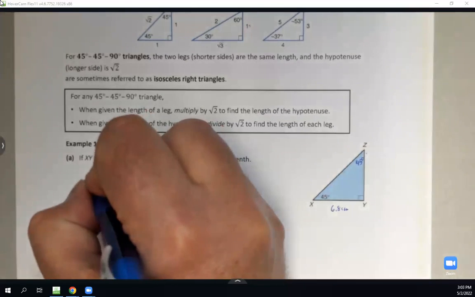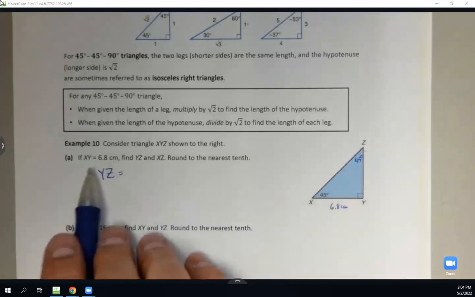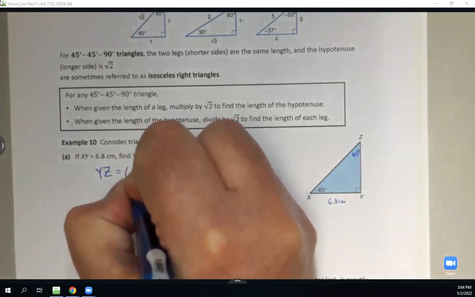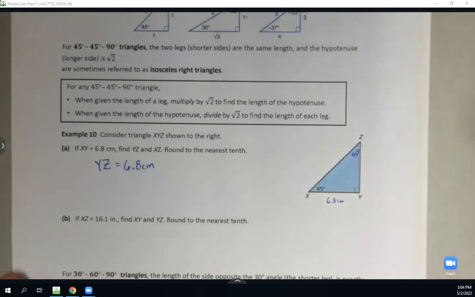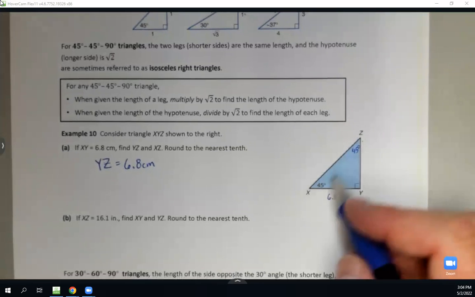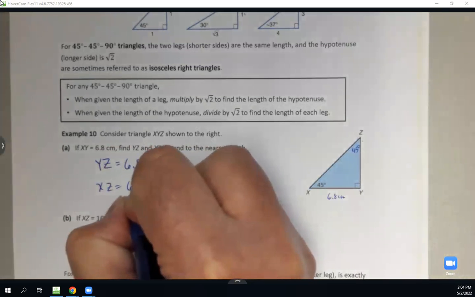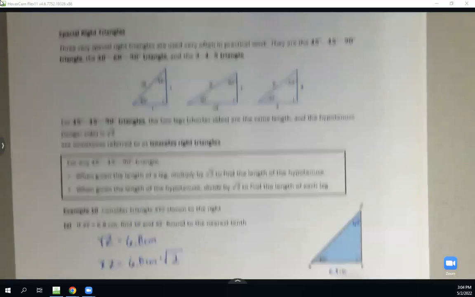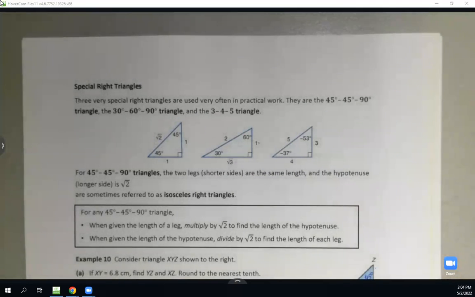YZ is a leg just like XZ is, so YZ is going to be the same length as XZ, because this has to be an isosceles right triangle. Does that make sense? XZ is going to equal 6.8 centimeters times the square root of 2, because the sides are in the ratio of 1, 1, square root of 2.